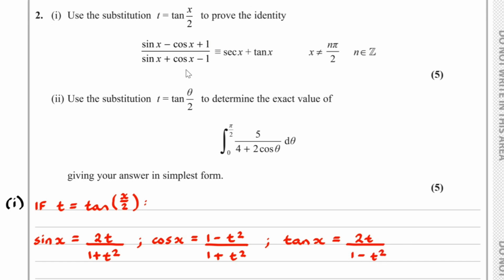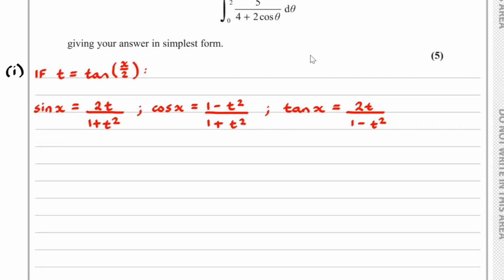Now, the idea is to start with the left hand side and get to the right hand side. Alternatively, we can start with the right hand side and get to the left hand side. Now, just as some guidance, we can work backwards from the right hand side, which will give us clues as to how to approach the proof.